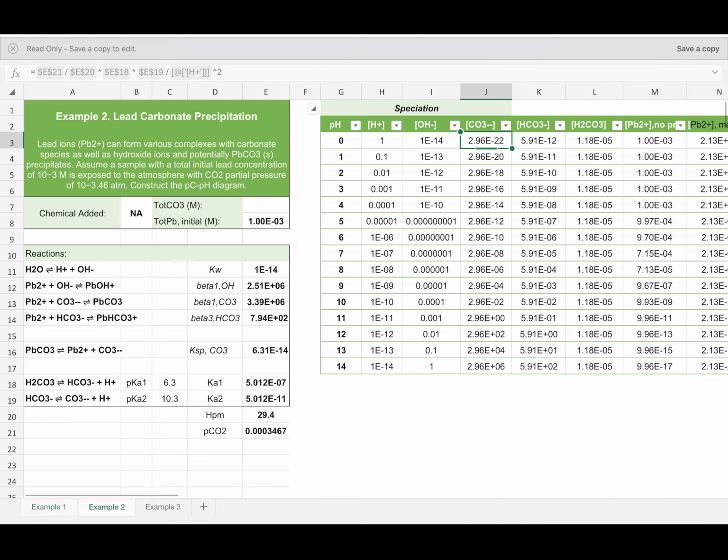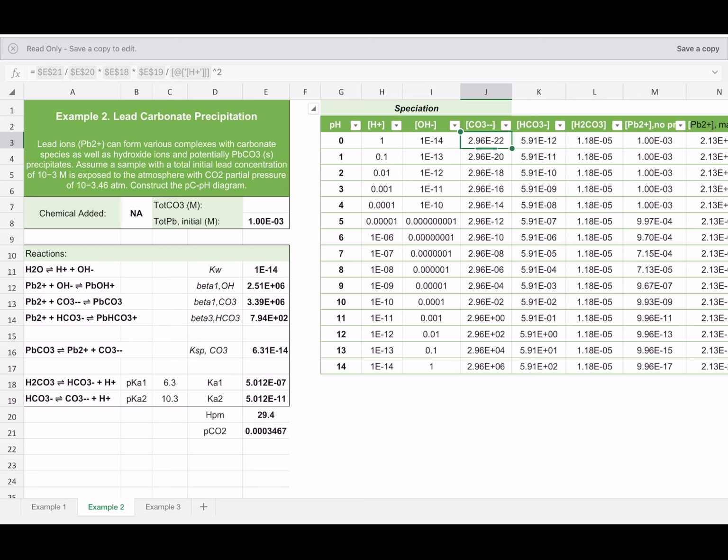So if we go back to Excel, we see that this time, the first thing is H2CO3. It's connected to the partial pressure and also connected to the Henry's constant. As you see, it's fixed, always fixed, because it's not a function of pH, it's a function of the partial pressure of CO2 and also the Henry's constant for CO2.